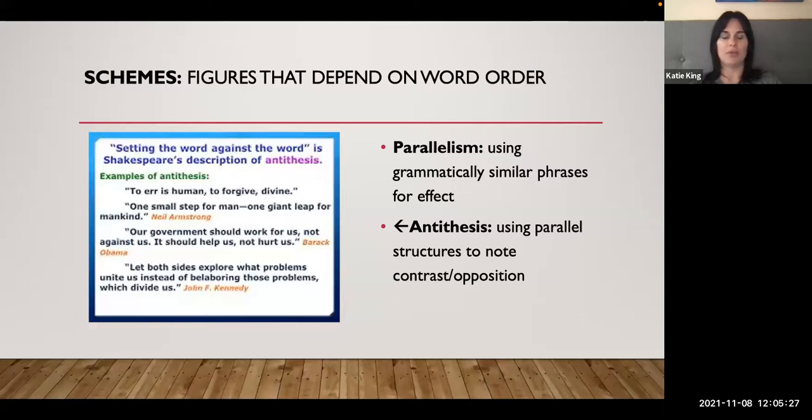One small step for man, one giant leap for mankind. Our government should work for us, not against us. It should help us, not hurt us, right? The antithesis there is for, not against, help, not hurt, right? So we're setting up, again, these parallel structures to note contrast or opposition.